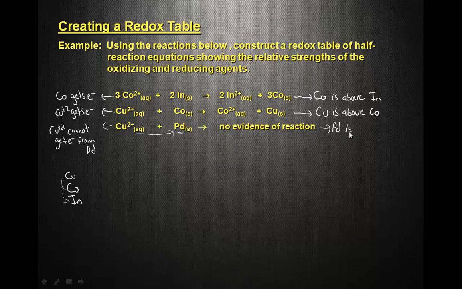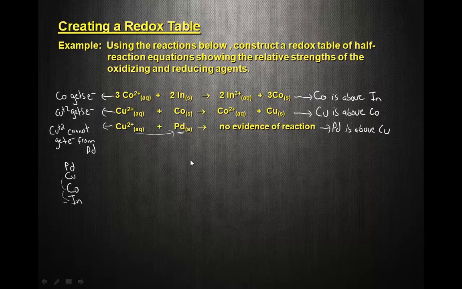Pd is above Cu. And in our little sketch here, we'll just put Pd is above Cu. So in this example, it kind of worked out that I just kept piling on, I kept building my list up. Sometimes you'll do one and you'll find that you have to insert Pd in between here or something like that, and that's okay. This is your rough work.